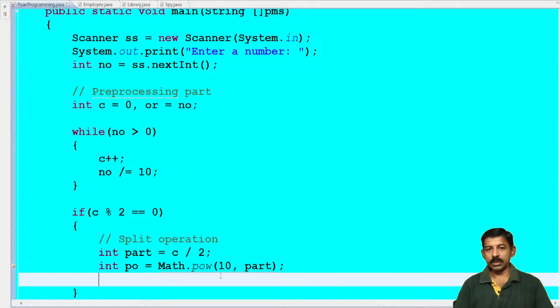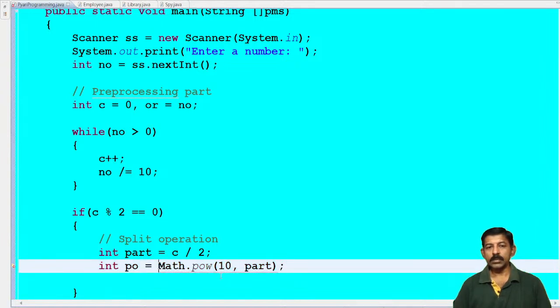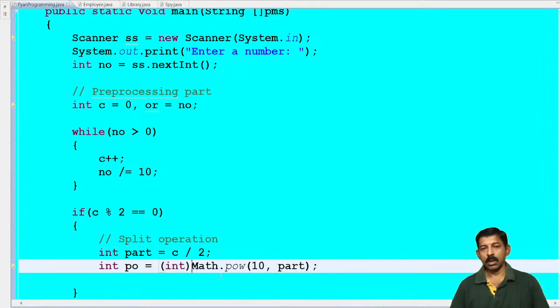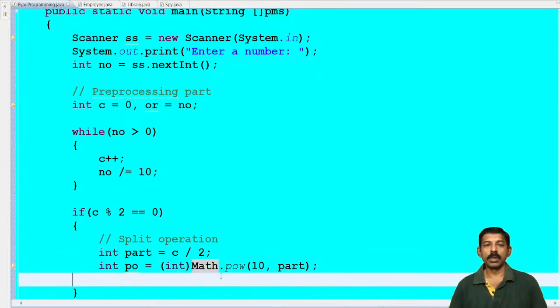Now after this, here I have to convert it into integer because pow's return type is double and here I want to store it in integer form. Now after this I will say System.out.println. Can I use number directly?